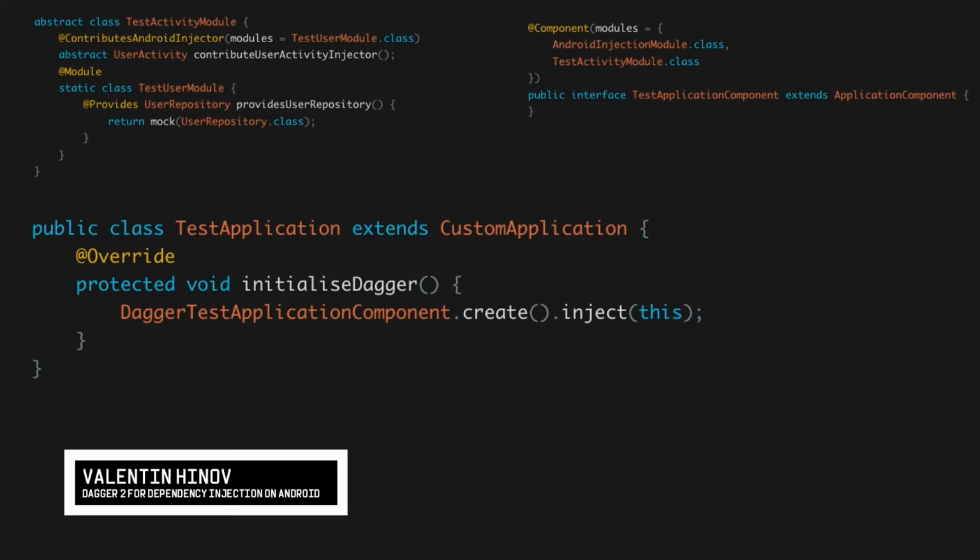Then create a custom application object for testing, where in this case, I got my original custom application, but the bit that actually initialized Dagger, I moved to a protected method, so I can override it here. And in this case, I just instantiate my Dagger test application component instead of my regular application component, which then supplies us with our mock for testing.